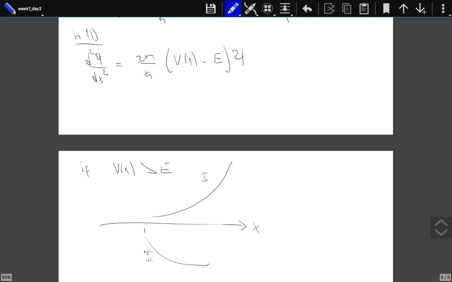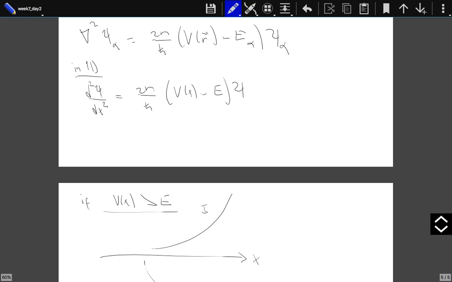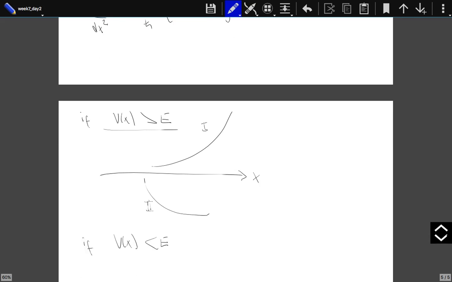If it behaves like 2, the slope was negative to start with, and it is approaching 0. In the case of 1, it was positive to start with, and it is increasing. Of course, it can also just go down and go up. That's another possibility, but these are the only possibilities in this region. If V(x) is less than E, hold on, sorry, just one mistake.